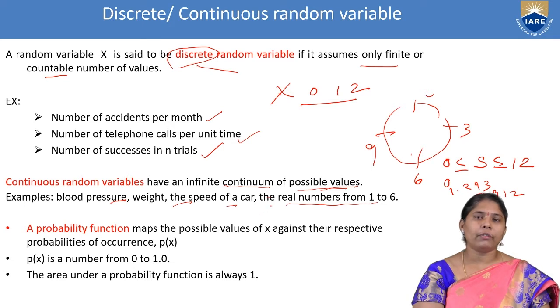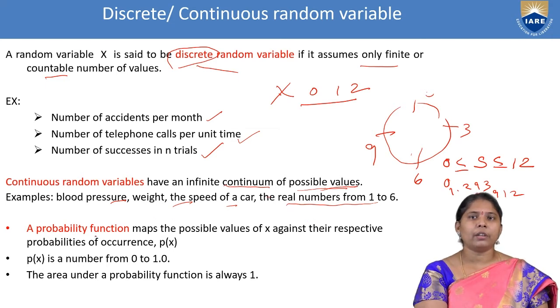After knowing the definition of a random variable, we have some functions: probability mass function, probability density function, and distribution function. These are functions that represent probability values. The probability function maps all possible values of X against their probability of occurrence. In the coin experiment, suppose the random variable takes 0 for head and 1 for tail.